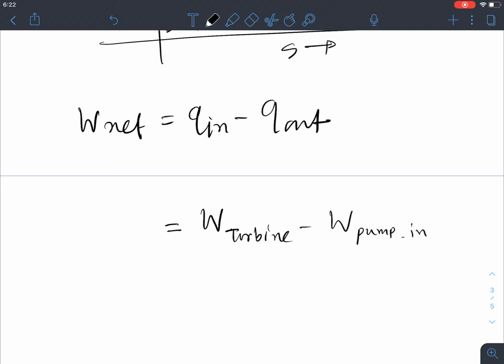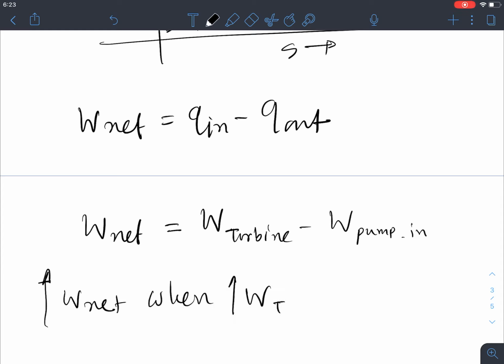So W net will increase when the W turbine increases.